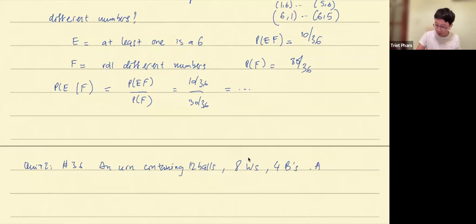A sample of size 4 is drawn. So let's distinguish this: A, with replacement, and B, without replacement.